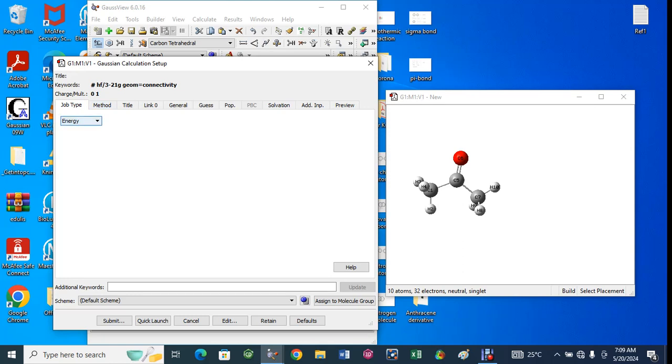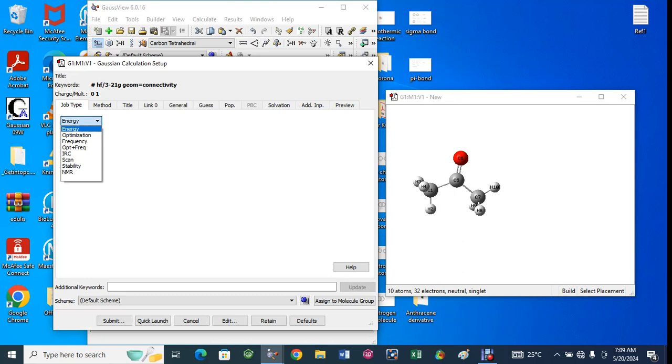But if I press this arrow pointing downwards, it means I still have several operations I can perform aside from the energy calculations. We are going to see lots more of them.